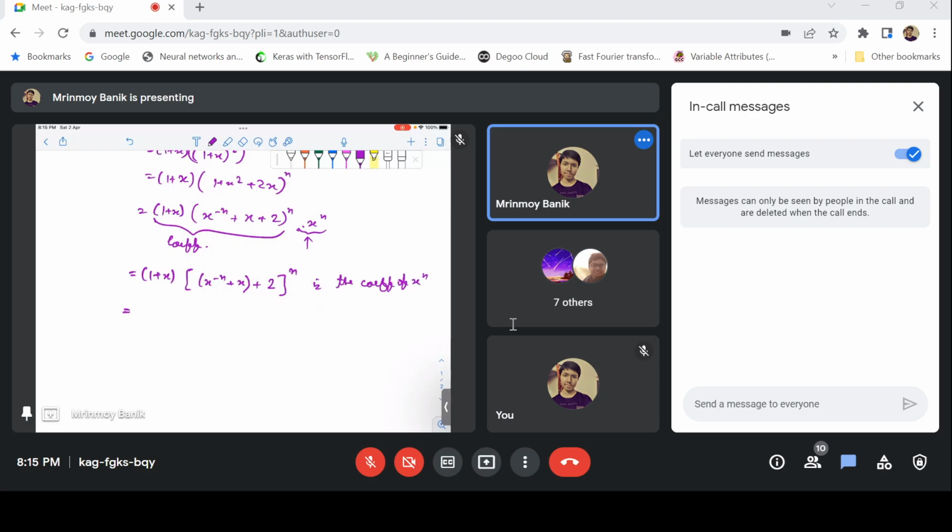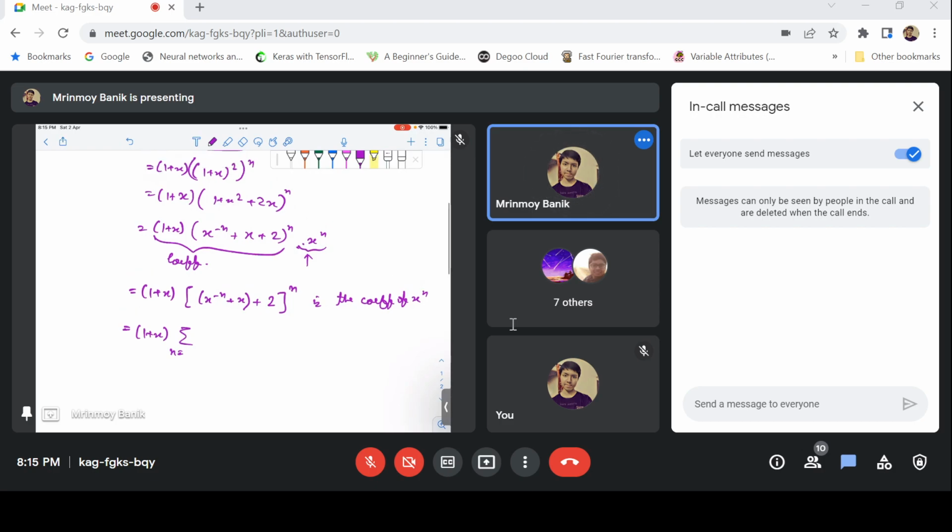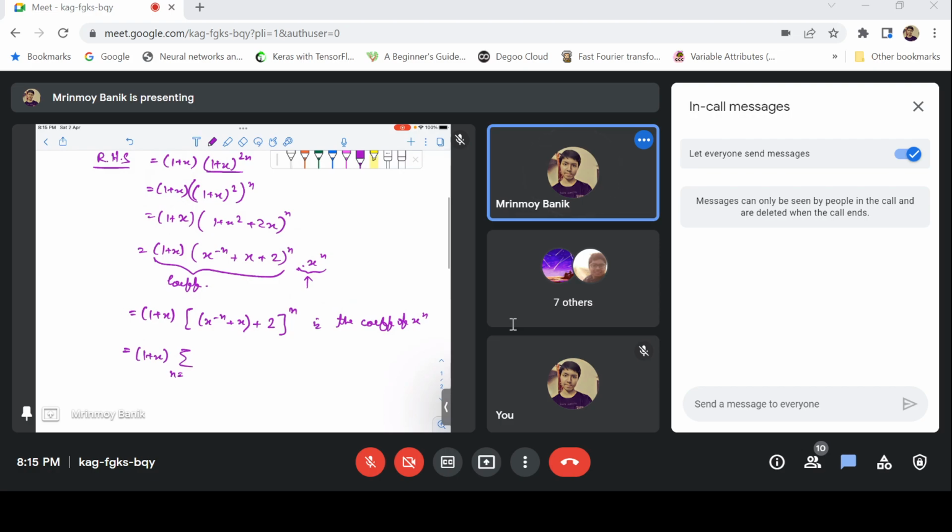Now we can use the binomial theorem to expand this. Let's rename a few variables.